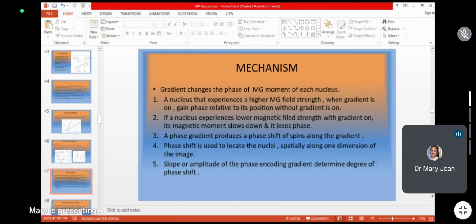A phase gradient produces a phase shift of spins along the gradient. Phase shift is used to locate the nuclei spatially along the dimension of the image. So the slope or amplitude of the phase encoding gradient determines the degree of the phase shift. This is what we have seen in the previous image.